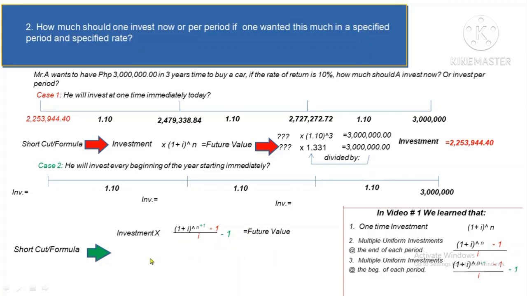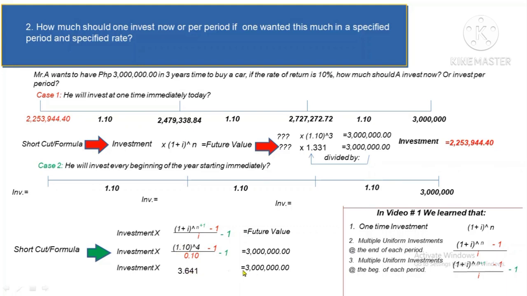So let's substitute. The investment is unknown, but we can get the future value factor by getting 1.10 raised to the power of positive 4 minus 1 over 0.10, and we have the final minus 1 equals the desired future value of 3 million. So, investment times 3.641 equals 3 million.